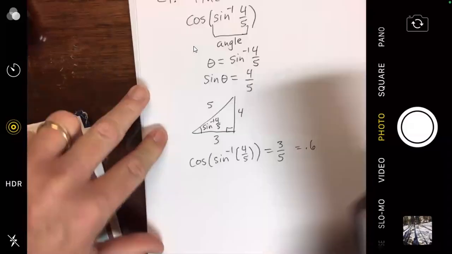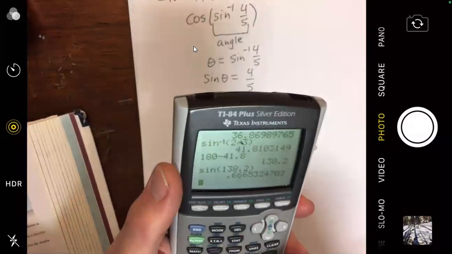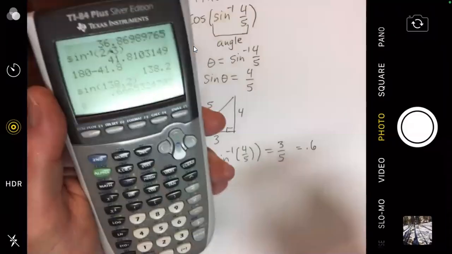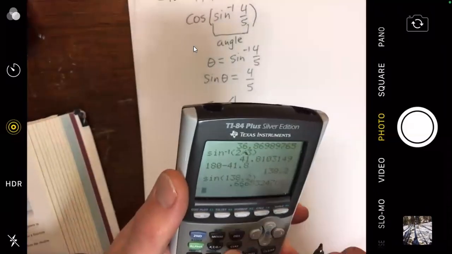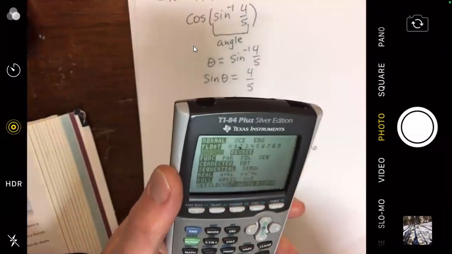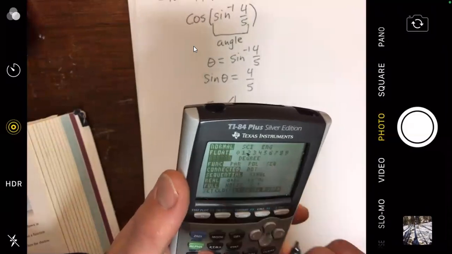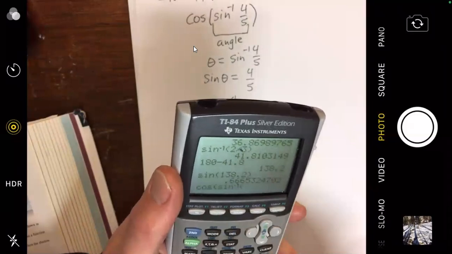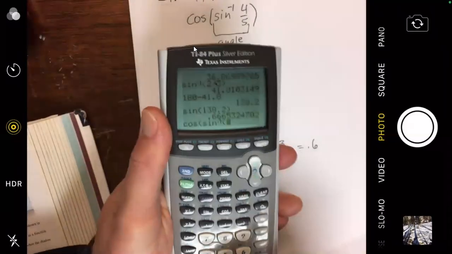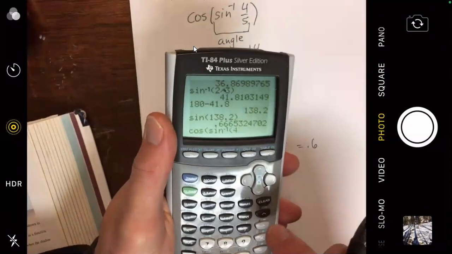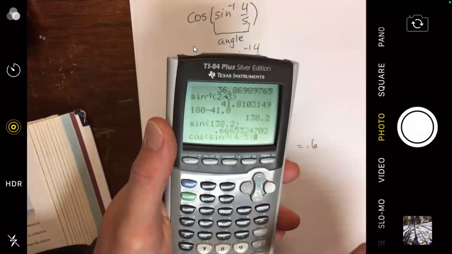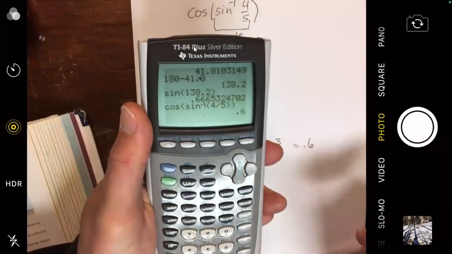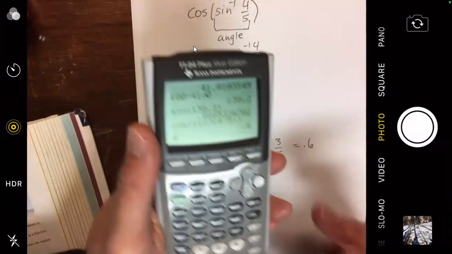And you can punch it. Probably safer to be in radian mode here. Cosine, second sine of 4/5. 0.6. It's magic.